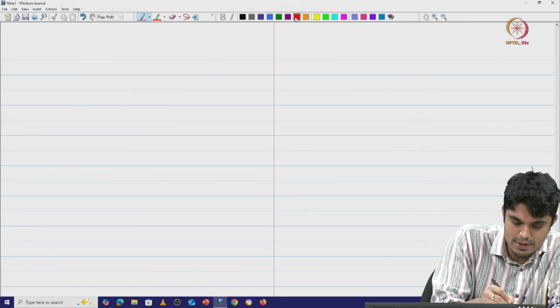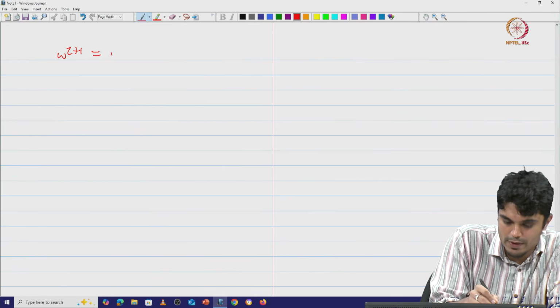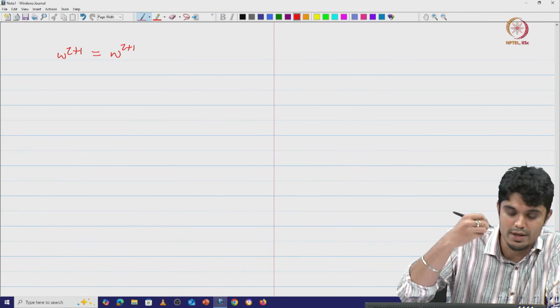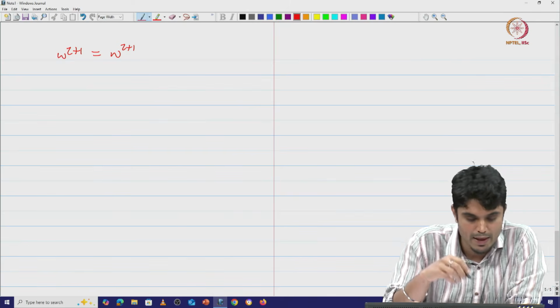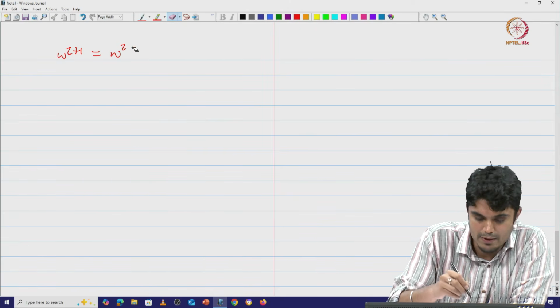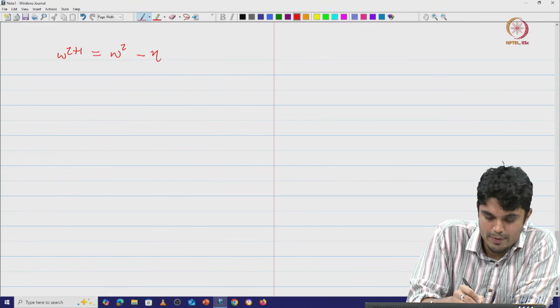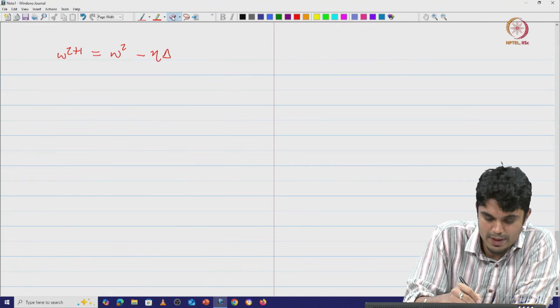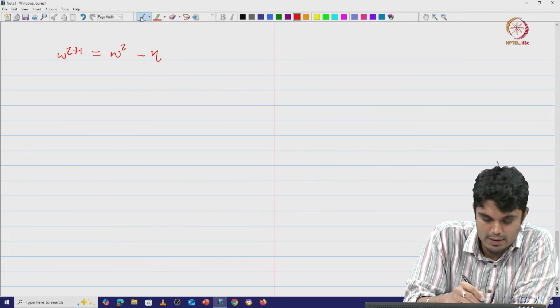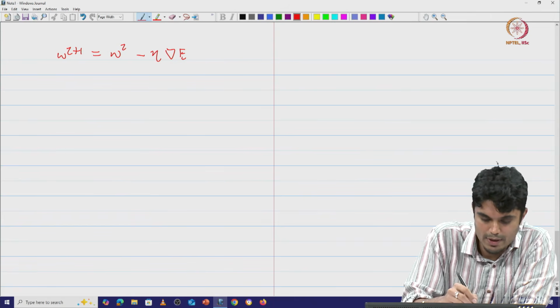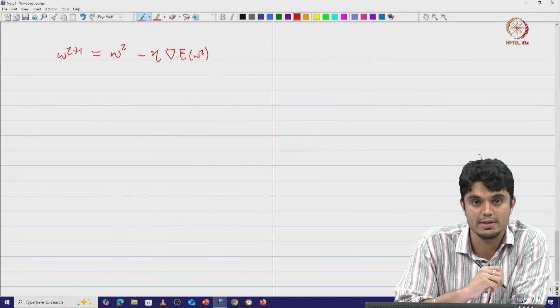If you look at the iterative step, omega tau plus 1 was the next point that you were arriving at, starting from the point omega tau, and then taking a step coming from the step size, right.